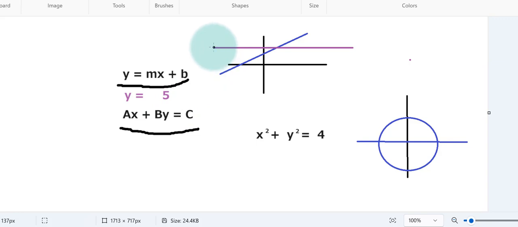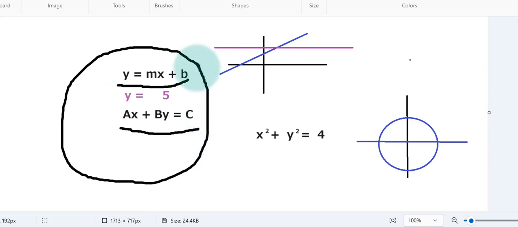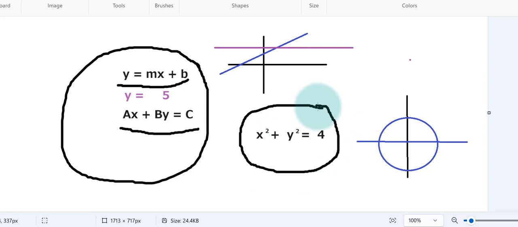So we just get a straight horizontal line with height equal to 5. So that's a standard way to write equations like this, and also like this. Typically when we write equations, we put x and y together with an equal sign, and that's called the equation for a curve.